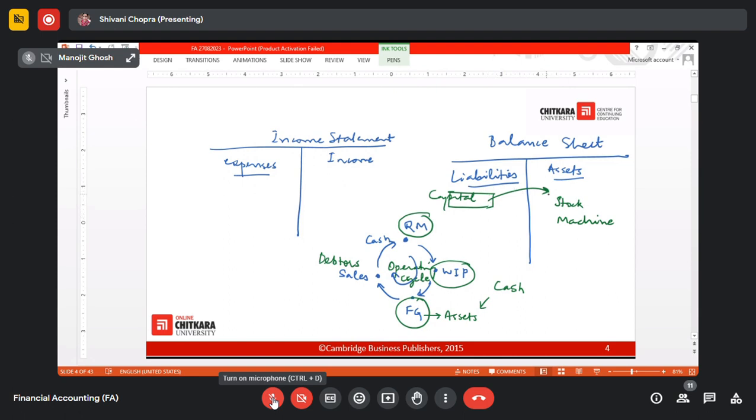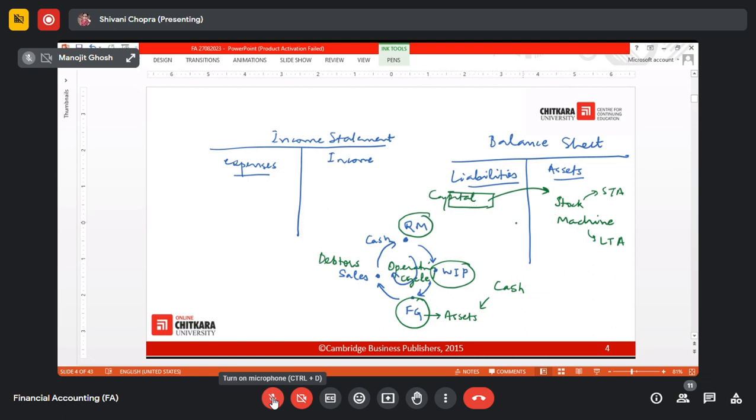And this process is what we call expenditure. You are making an expense in order to create assets. Now those assets can be either long-term assets or short-term assets, depending on where the expenditure has been made.